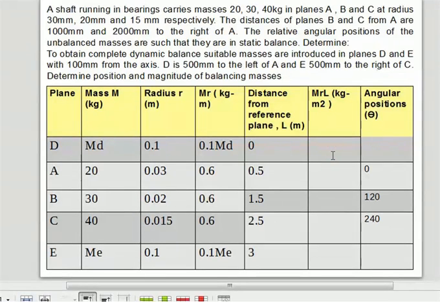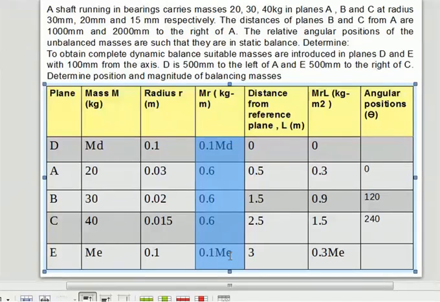Now in the last but one column, we'll write the product of M into R and distance from the reference plane. So something into 0 you will get 0. This will be 0.3, 0.9, 0.6 into 1.5 you will get 0.9. Here 1.5 you will get, and this value will be 0.3 times M into E. So after this you have to plot two more diagrams. One is the couple polygon using these values, and the force polygon using these values.